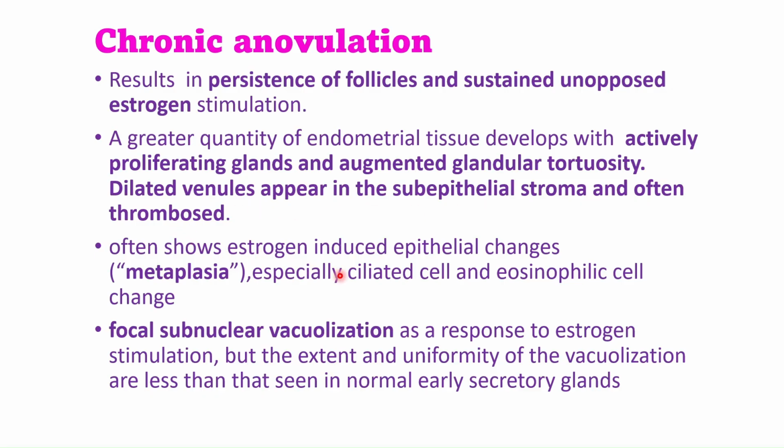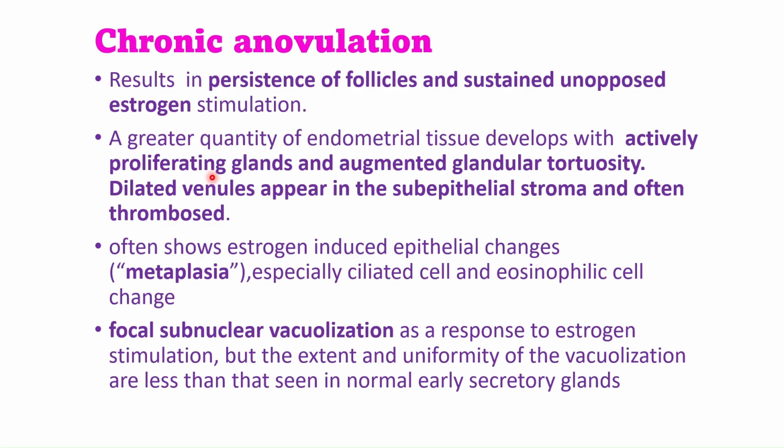And because of estrogen-induced epithelial changes, there is metaplasia, mostly ciliated as well as eosinophilic cell change. And there is focal subnuclear vacuolization as a response to estrogen stimulation, but these changes are less than those seen in normal early secretory glands.